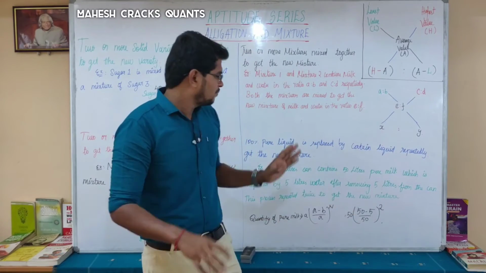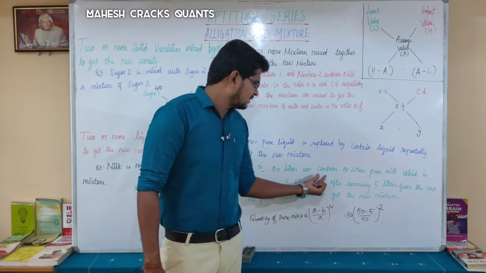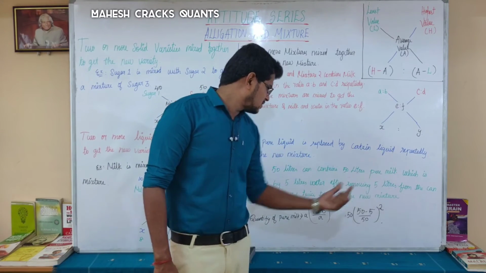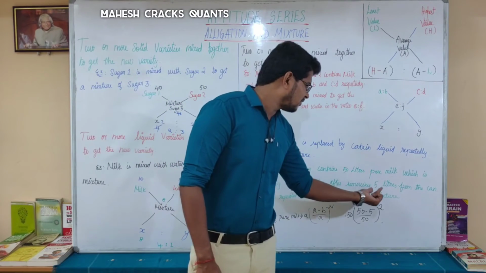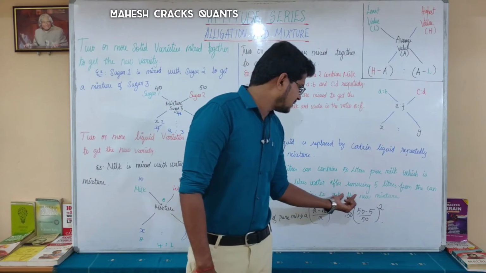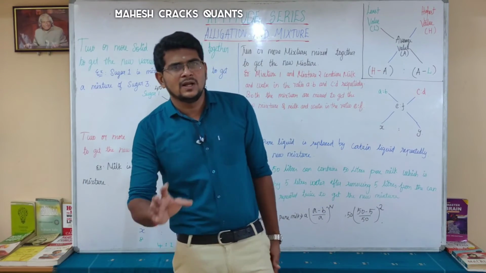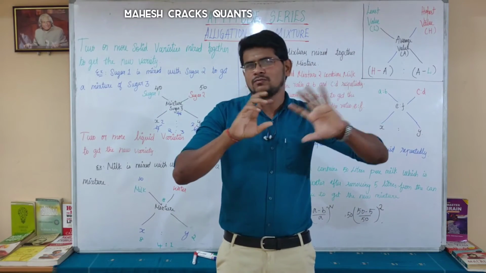Maybe that is the question. Okay, here is an example. A 50 liter can contains 50 liters of pure milk, which is replaced by 5 liters of water after removing 5 liters from the can. This process is repeated twice to get the new mixture. Very simple. A 50 liter can is there, full of pure milk.